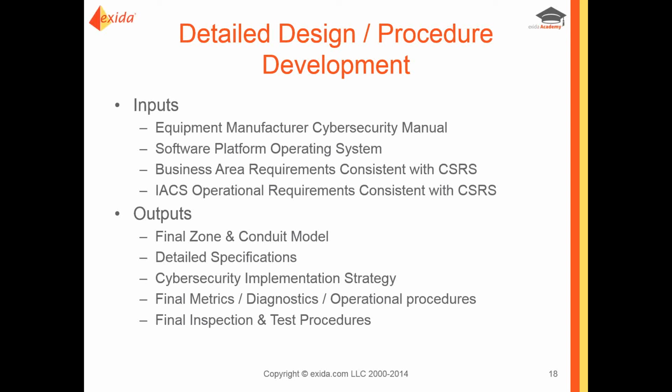You go into detailed design, and at that point you've got your final zone and conduit models, you've got detailed specifications with which you can purchase equipment. You should have your cybersecurity implementation strategy, your documented final metrics and diagnostics, your operating procedures, as well as final inspection and test procedures of your countermeasures.